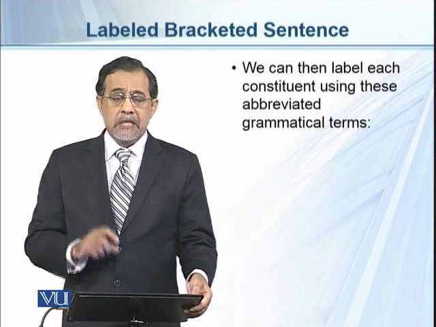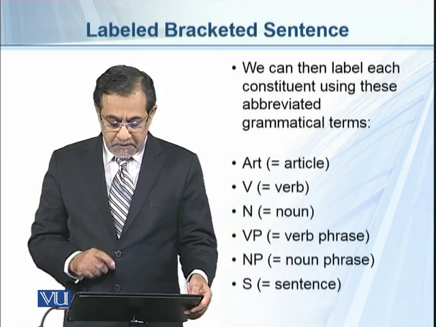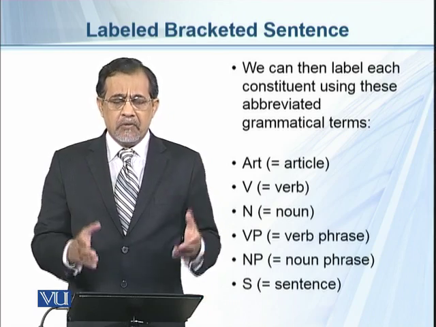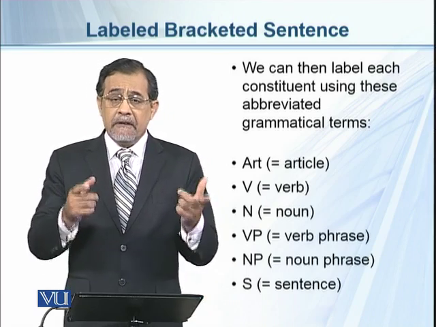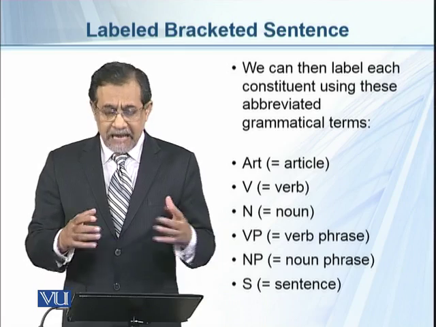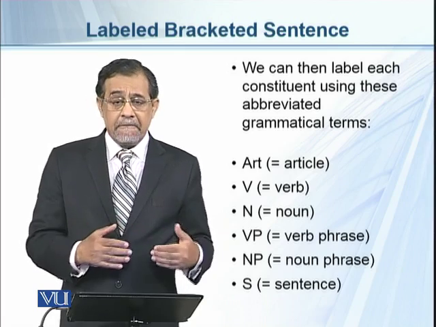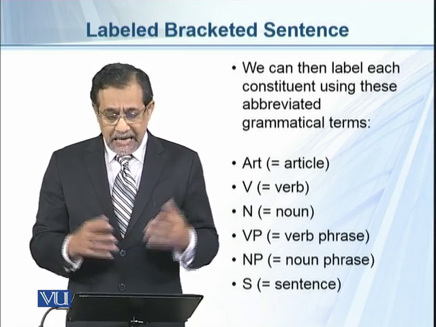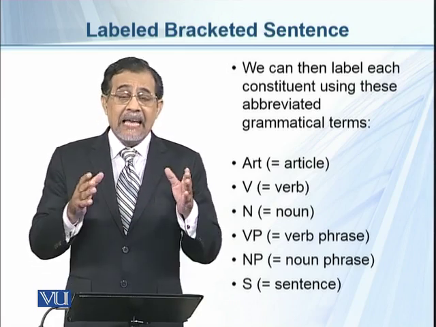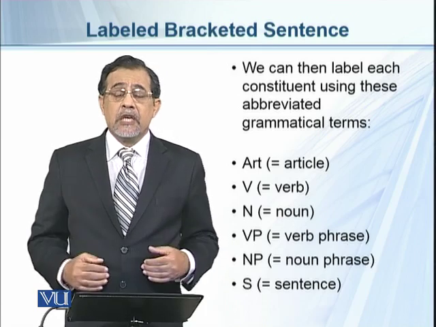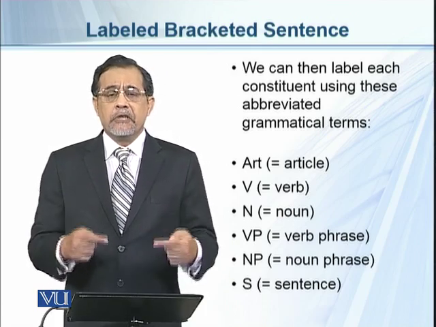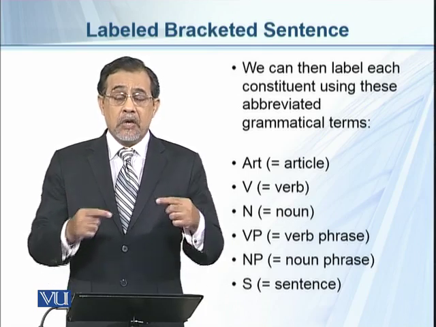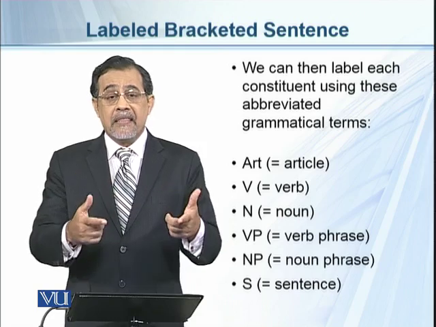We use these abbreviated terms: art for article or determiner, V for verb, N for noun, VP for verb phrase, NP for noun phrase, and S for the sentence. With the help of these abbreviations, we can label the whole sentence at the constituent, phrase, and sentence level.